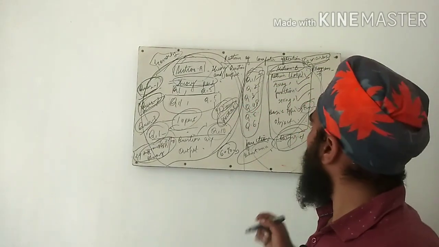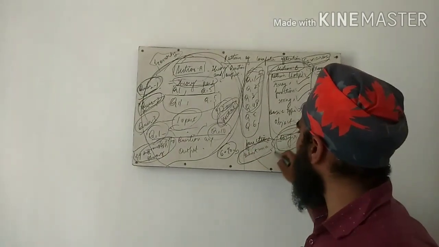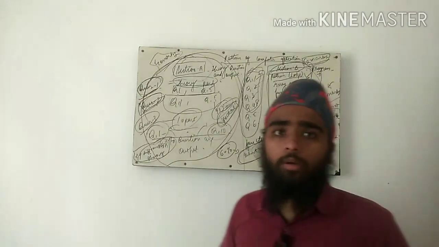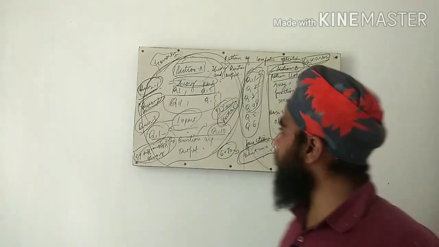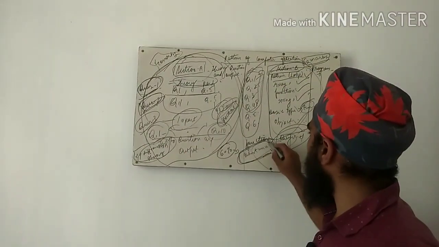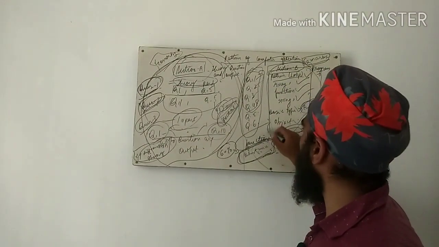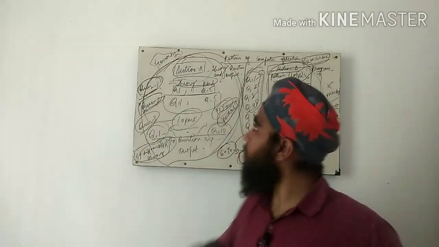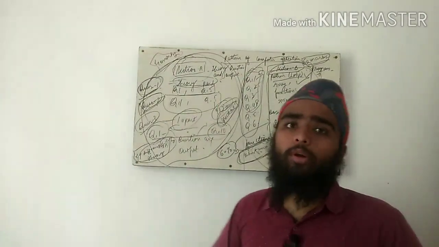As we have seen, the inheritance syllabus has been increased by the board. So I think there will be one program of inheritance in your 2020 paper. This is the pattern of ICSE computer application paper of 2020.